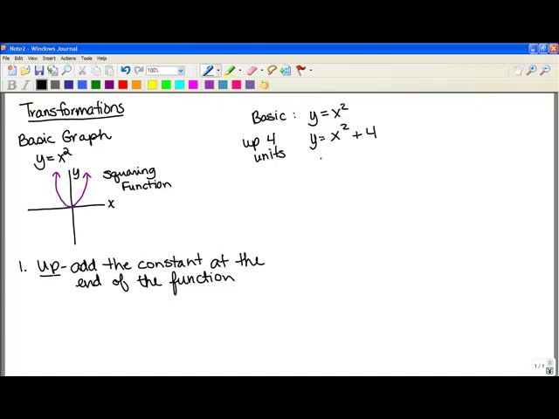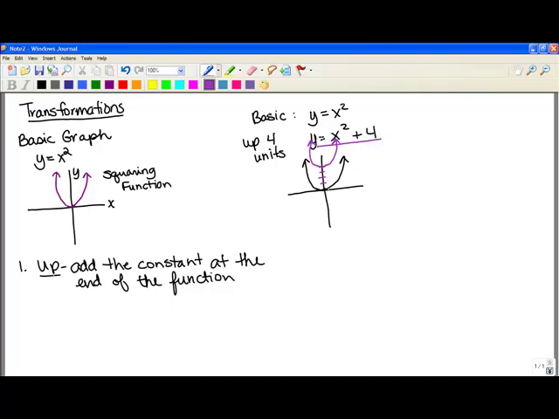Now if we graph this, we have our basic graph of y equals x squared. Looks sort of like that. And then our graph here, y equals x squared plus 4, is this same graph, same shape, but it's moved up 4 places. So it would look like this.